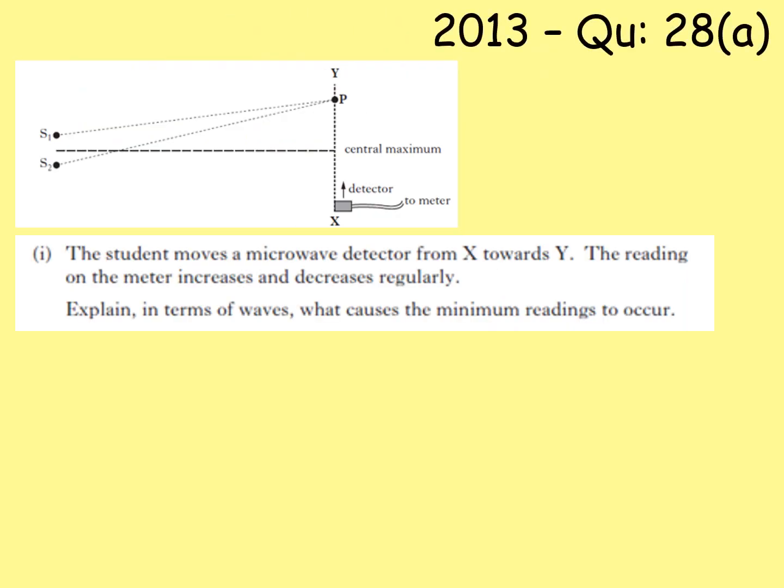So we've taken the diagram from the question for our key information. The student moves the microwave detector from X towards Y. We're told that the meter reading increases and decreases, and we need to explain in terms of waves what causes the minimum readings to occur.